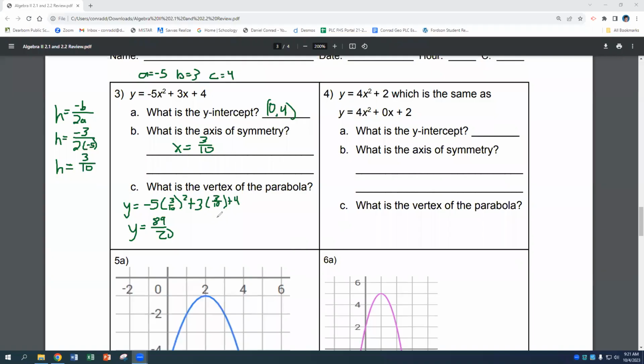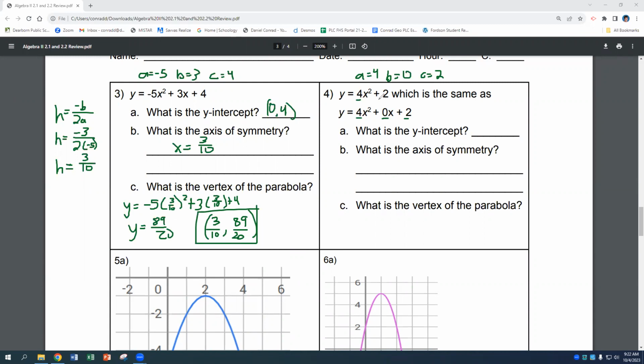Which means my vertex is 3 over 10, comma, 89 over 20. Nothing wrong with fractions. All right, over here, again, a is going to equal 4, b is going to be equal to 0, and c is going to be equal to 2. Right, a, b, and c.